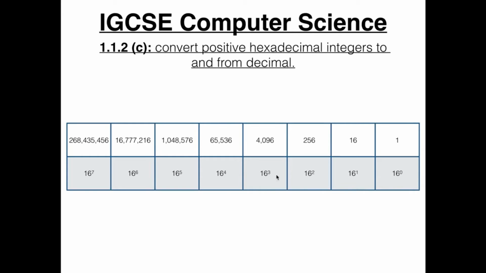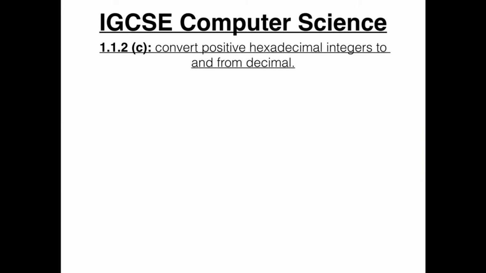So, yeah, we'll look into that soon, and I'll show you what I mean by all of this. It's sort of like the decimal binary thing we had in the first video, but it'll all make sense.